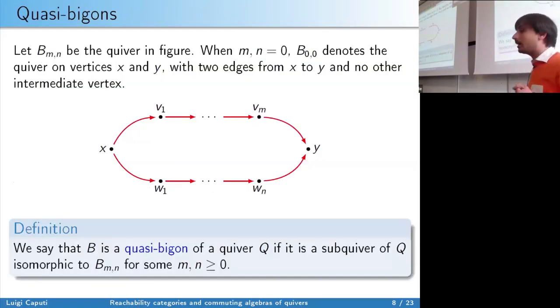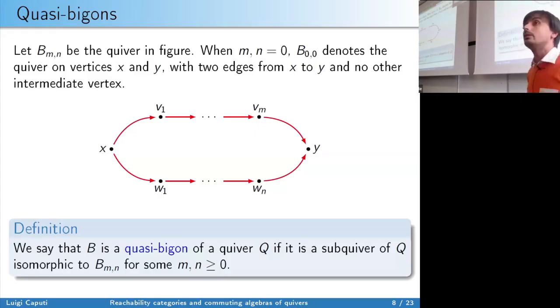However, we want to describe it in better terms, or let's say in more generality. And to do this, we need the notion of quasi-bigons. Let's say that for us, a quasi-bigon is the quiver like in the picture. So we have two main objects, let's say X and Y, and we have two different paths from X to Y, let's say via the V_i's or via the W_j's.